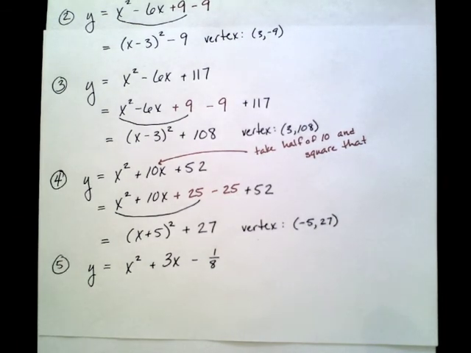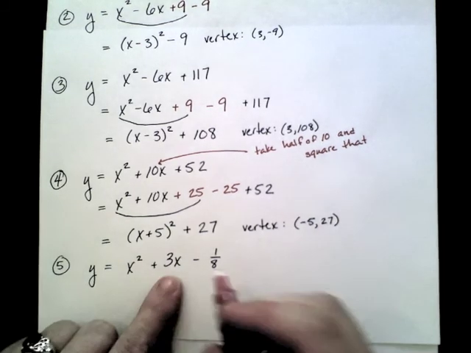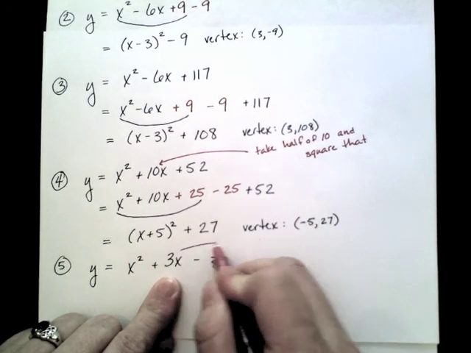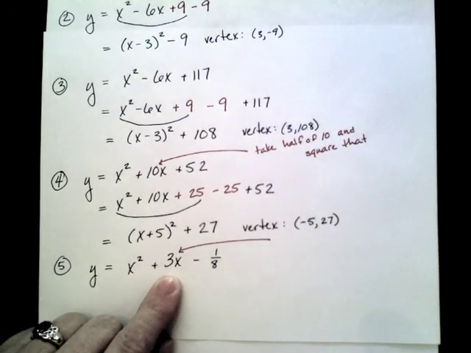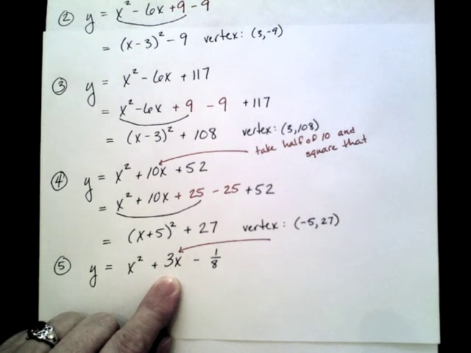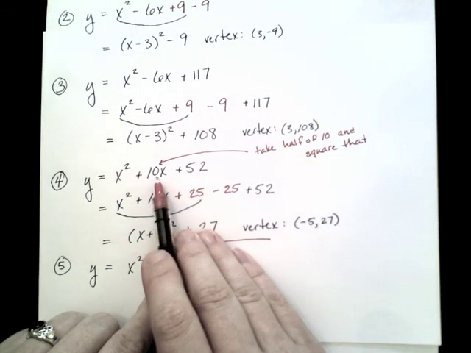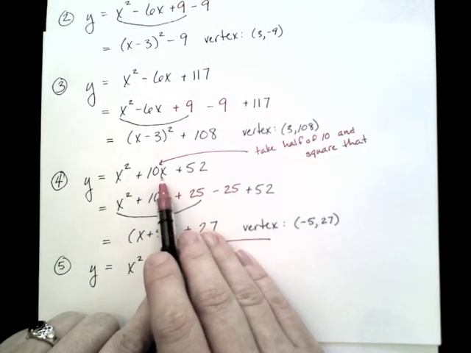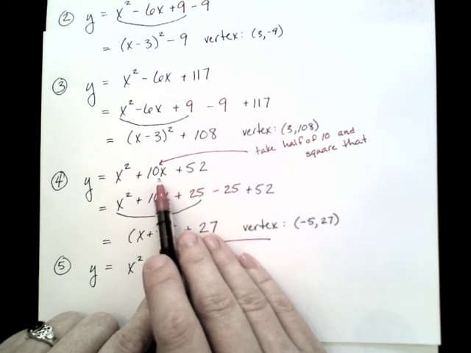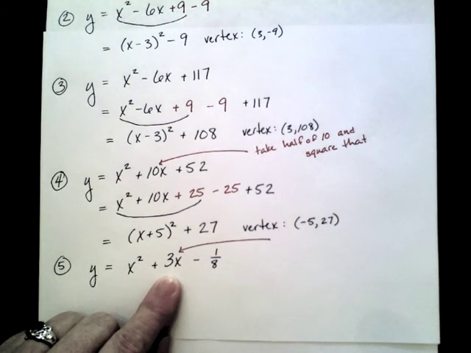So now, I've got a new problem. But the ones that we've done before, when we had taken half of the number in front of x, well, we always started with an even number, so we always ended up with an integer answer.